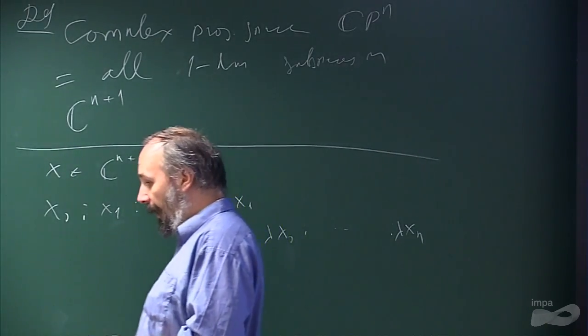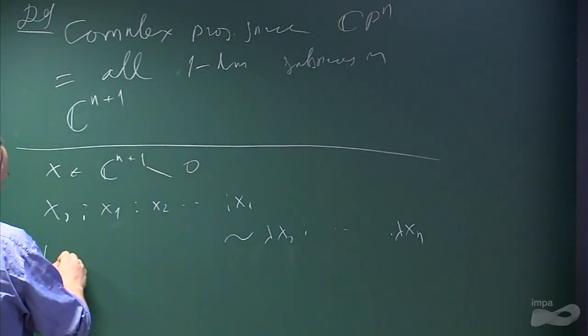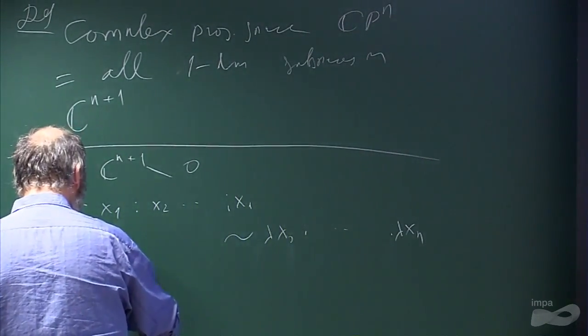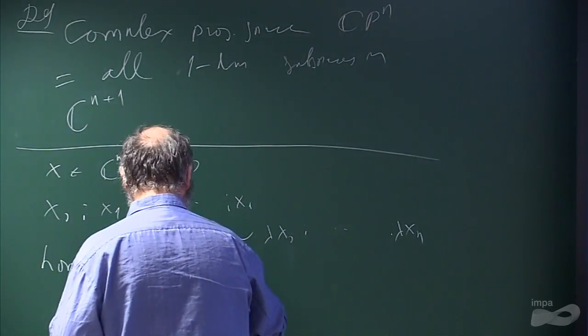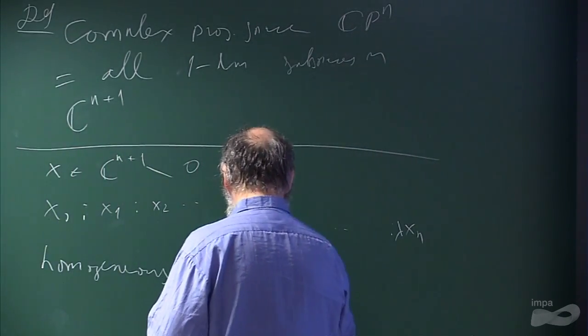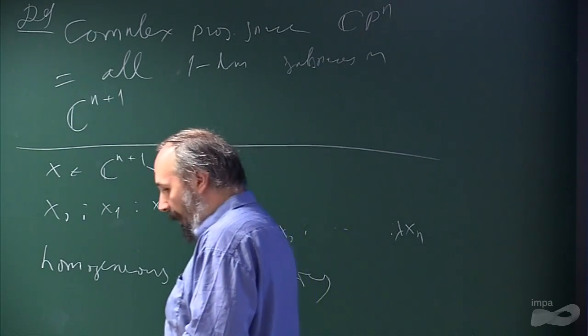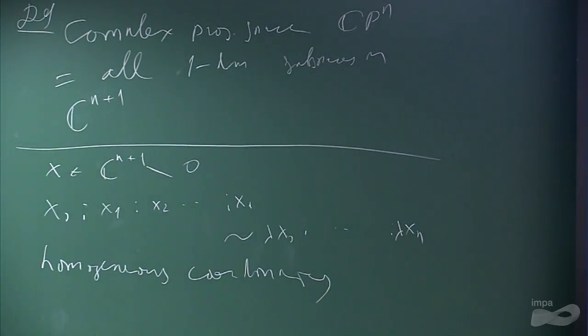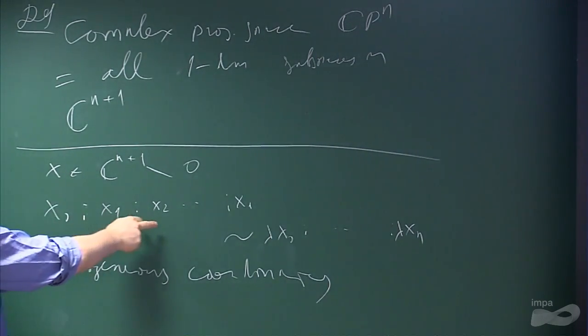This is called homogeneous coordinates. Each point doesn't give you one set of numbers, but the whole line of numbers.